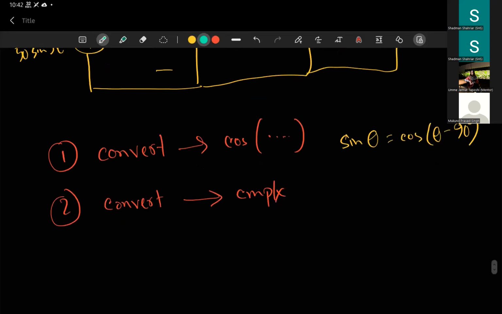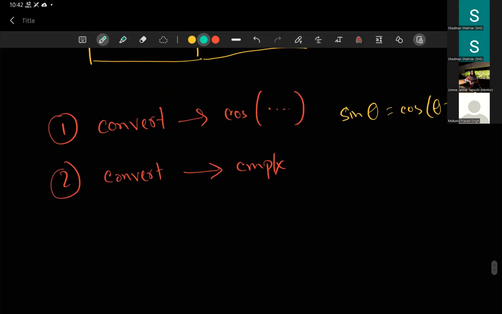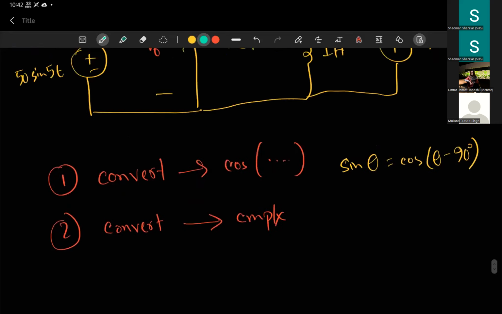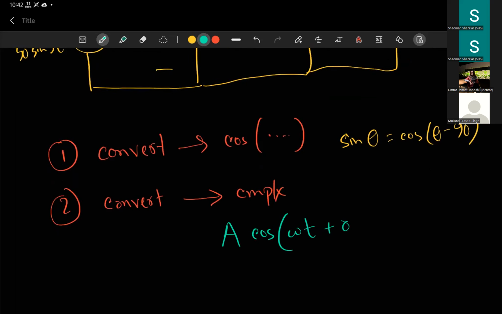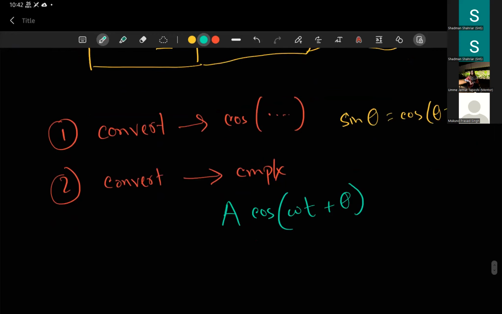After the first step you should have only cosine functions. You should just remove this part, and that is how you find your complex number, A angle theta.